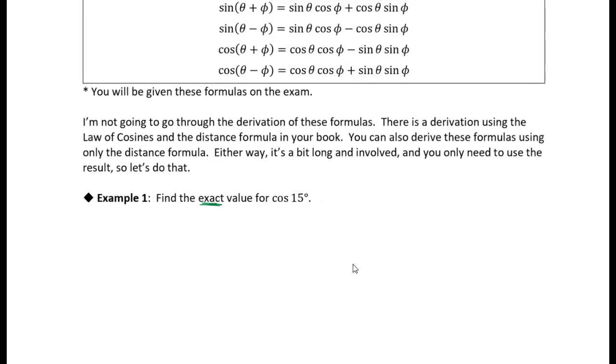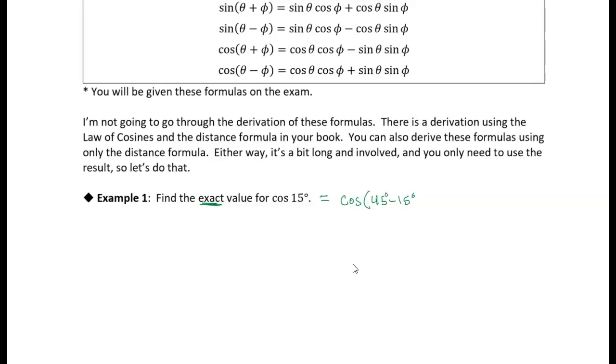We know those, and because you were able to fill out that unit circle, so you know them. So let's think about a way that we could express 15 as a combination of some of the angles that we know.